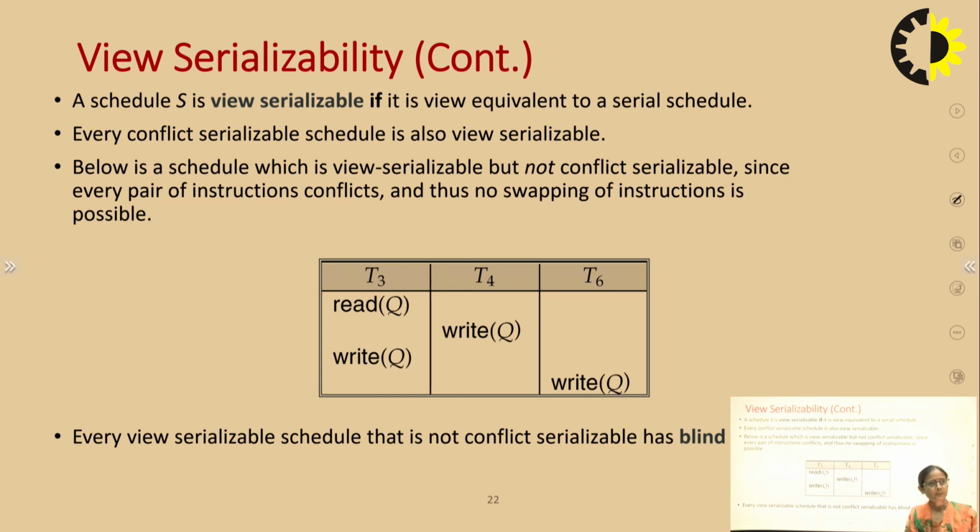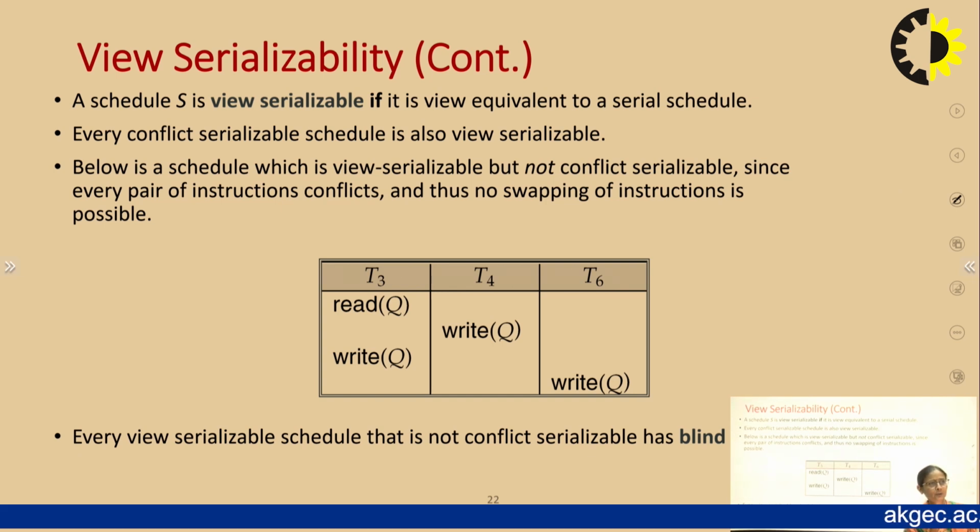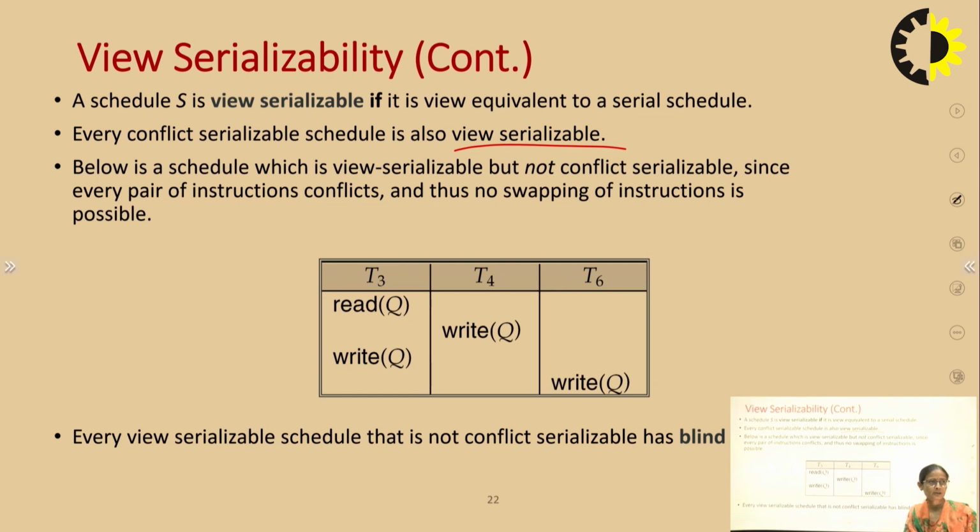This is an example where a schedule S is view serializable if it is view equivalent to a serial schedule. Every conflict serializable schedule is also a view serializable schedule. Below is a schedule which is view serializable but not conflict serializable, since every pair of transactions conflicts and thus no swapping of instructions is possible.